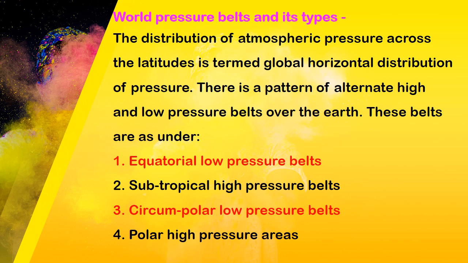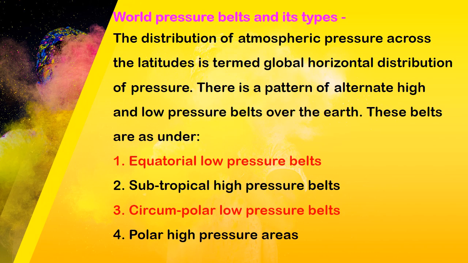These are located in each hemisphere, so there are two of each. Third is circumpolar low pressure belts, again two in number. Fourth is polar high pressure areas, again two in number. So 2 ones are 2, 2 twos are 4, 2 threes are 6, and 7 pressure belts can be observed over the globe.